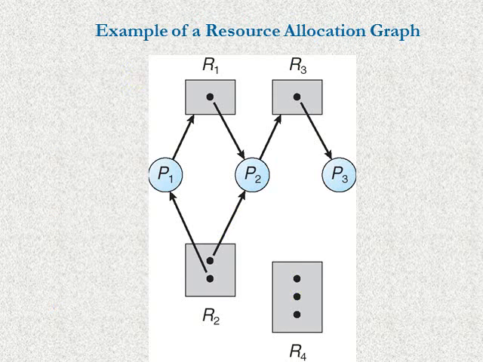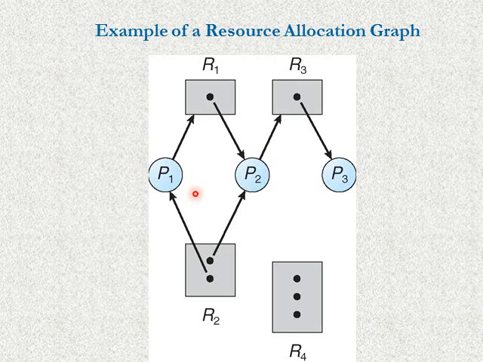Over here we have an example of a resource allocation graph. Let me read it for you. In this graph we have 4 resources, R1, R2, R3 and R4. R1 and R3 have 1 instance each, while R2 has 2 instances, and there are 3 instances of resource type R4 in this system.